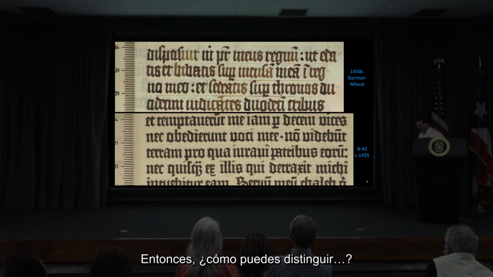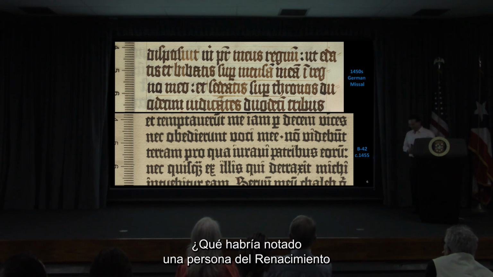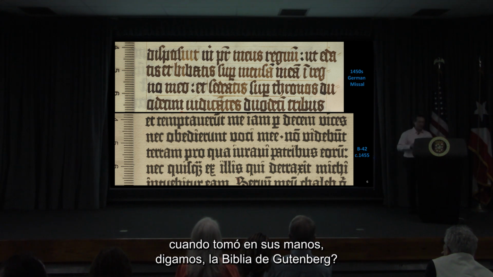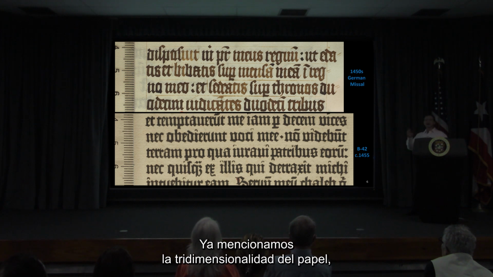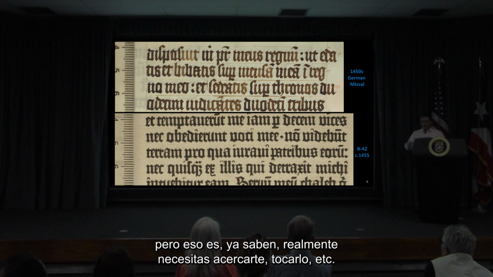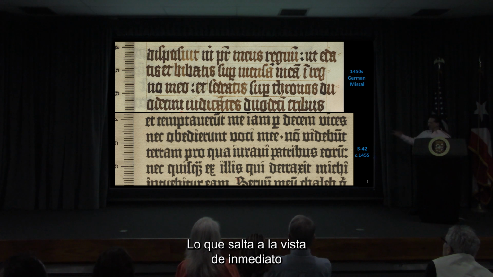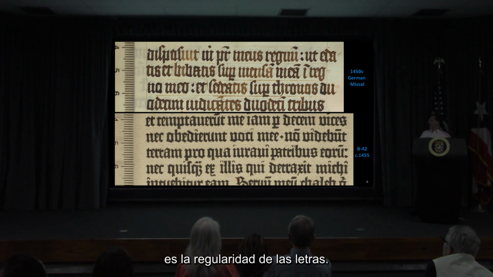So how can you tell, or what would a Renaissance person have noticed when they picked up, say, the Gutenberg Bible? Well, there are some really obvious characteristics that stand out. We already said the three-dimensionality of the paper, but you need to go up close and touch it. The things that immediately jump out are the regularity of the letters.